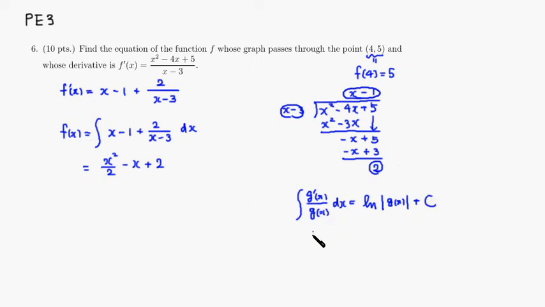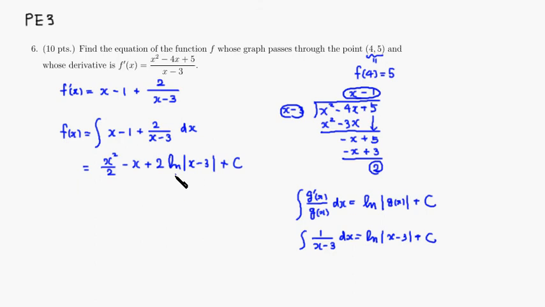So for the integral of 1 over x minus 3 dx, g of x is x minus 3 and its derivative is 1. So this is just the natural log of the absolute value of x minus 3, plus some constant c.